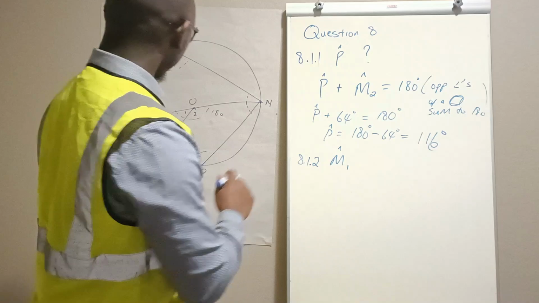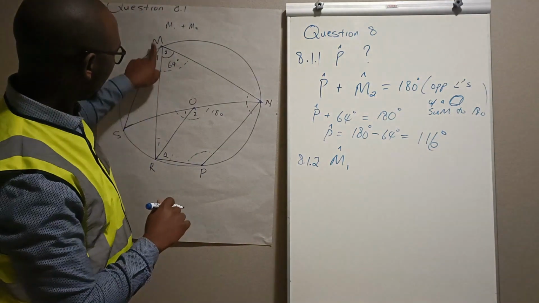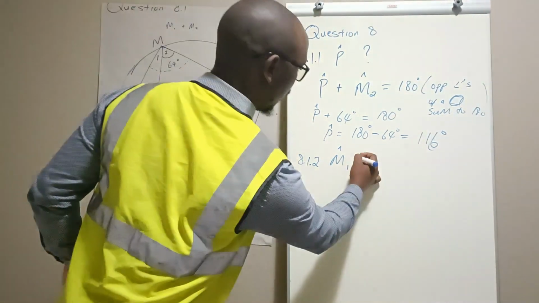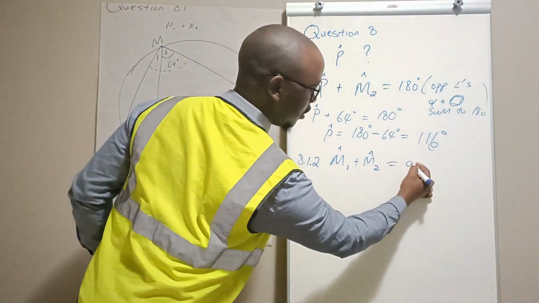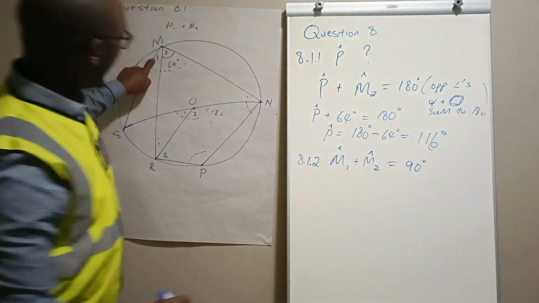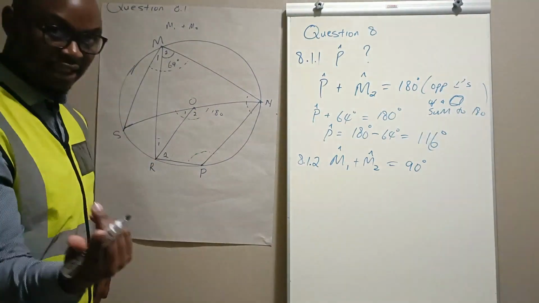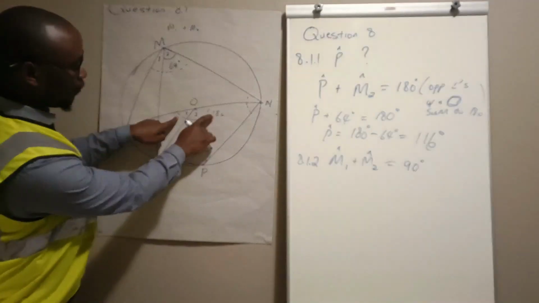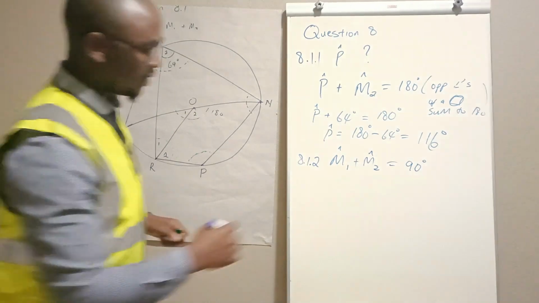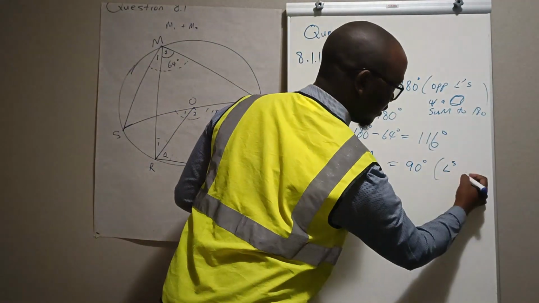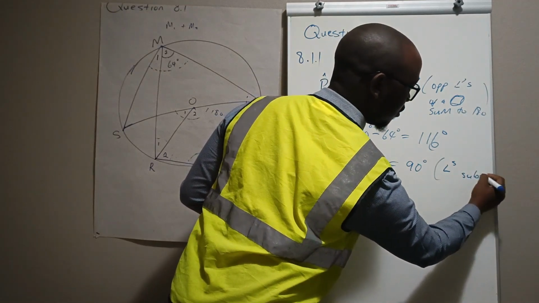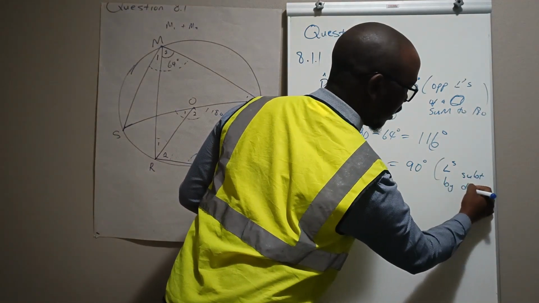So we know that M1 plus M2 should be equal to 90 degrees, because that is half of 180. The reason is that these are angles subtended by the diameter.